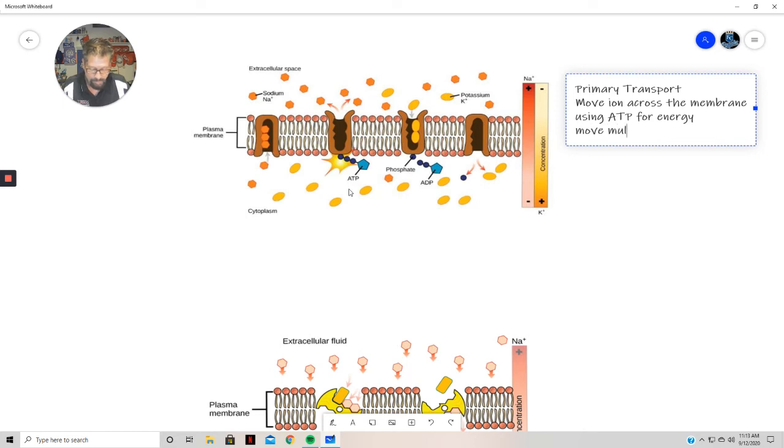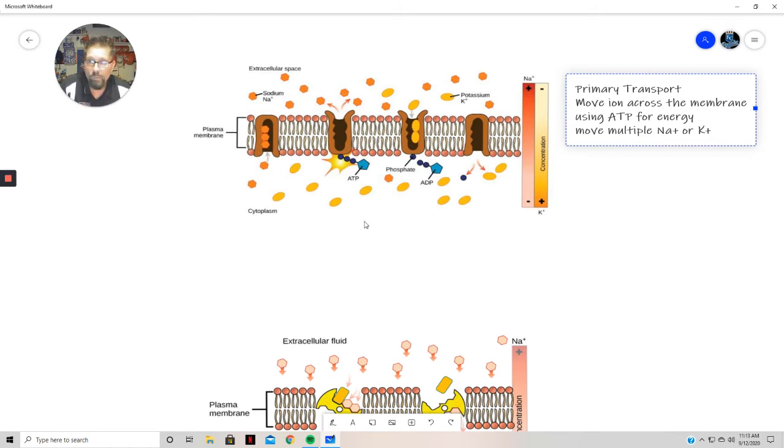And when this does happen, we're going to move, and I'm just going to put the word multiple because it's multiple sodiums or potassiums. We're going to move multiple of them at the same time, and you can see that happening here. You got 3 sodiums, you got 2 potassiums that are being moved across.